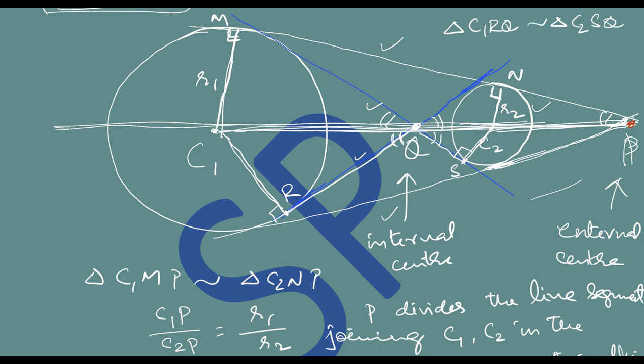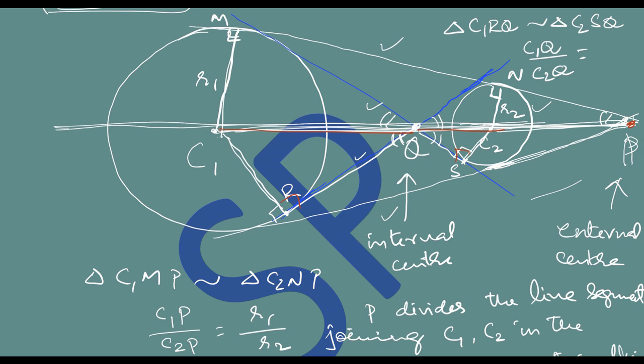So once again, if I go for the ratio C1Q by C2Q, in the big triangle C1Q and in the small triangle C2Q, those are the sides opposite to the right angles in both triangles.